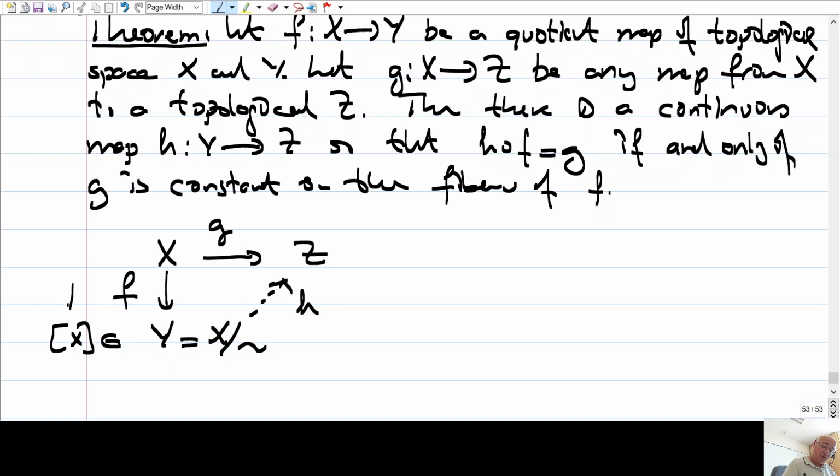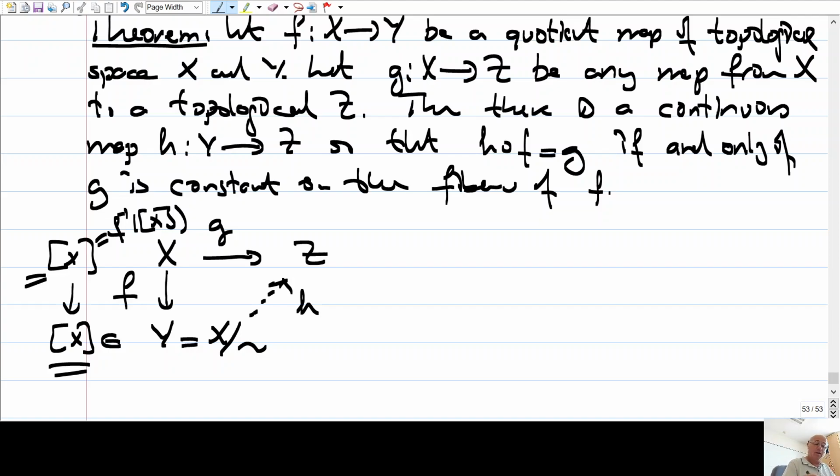So what is the fiber? What is the subset above this point? This is a point in Y. The subset above this is just f inverse of this point. Here I regard this as a point, and here I regard this as a subset.